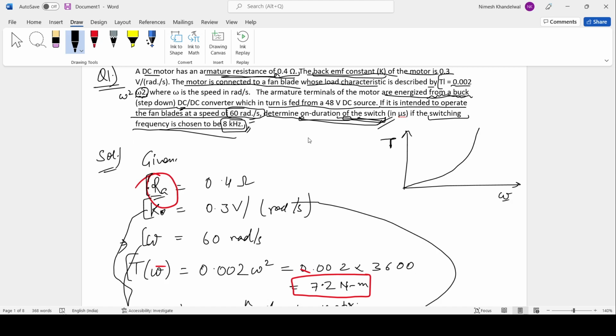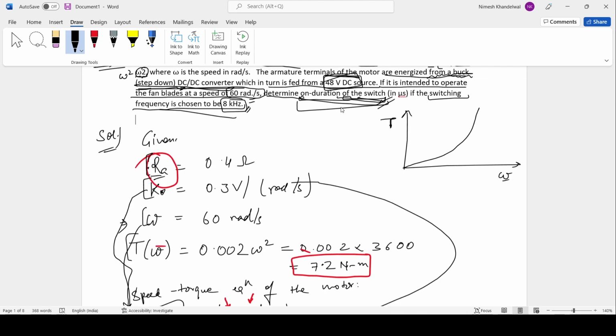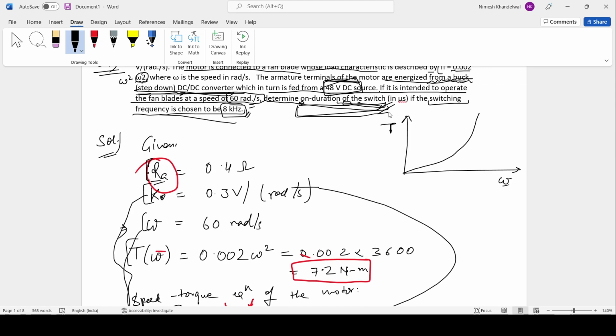We have been asked what is the on duration of the switch, given the supply voltage, and we have been told that we are using a DC to DC buck converter to reduce the voltage, to essentially control the voltage that we apply at the motor terminals. So we know that this on duration changes the net armature voltage applied at the motor.